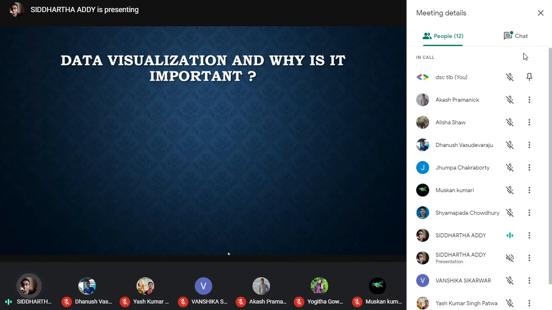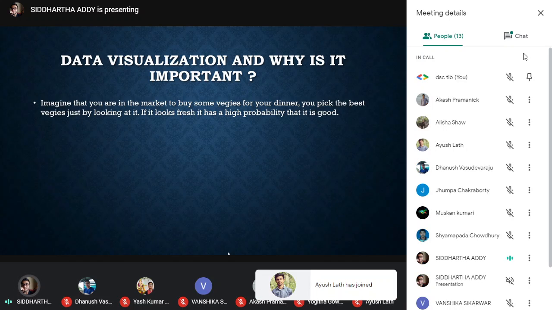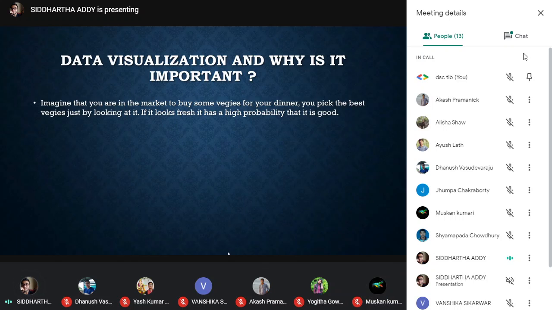So data visualization, and why it is important. One thing you should remember is that all the core concepts come from our daily life. From our daily life, all these inspirations have been taken and made into these concepts. So it is a very good process, because you can learn these core concepts if you can imagine a real life situation.